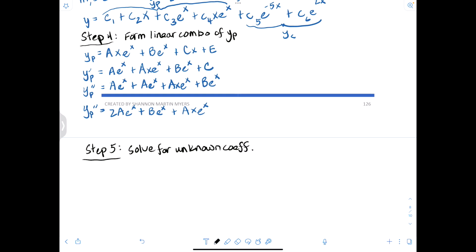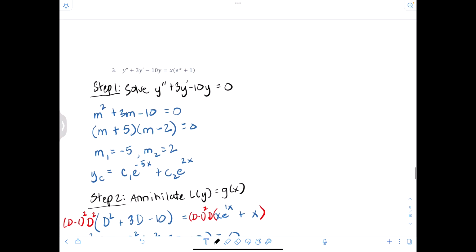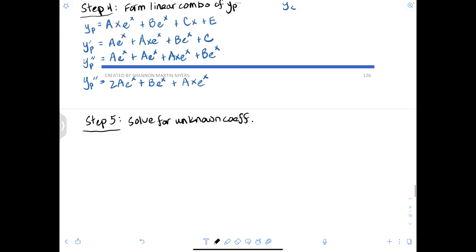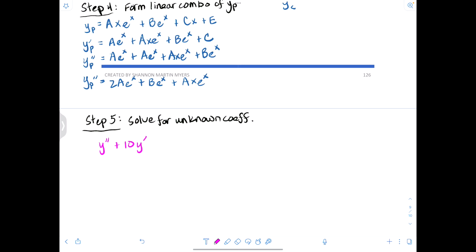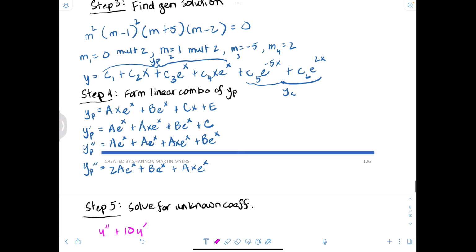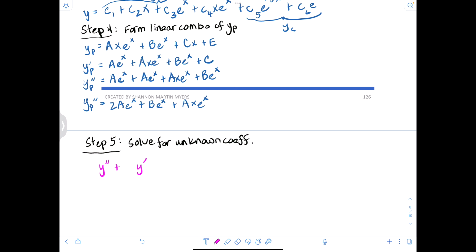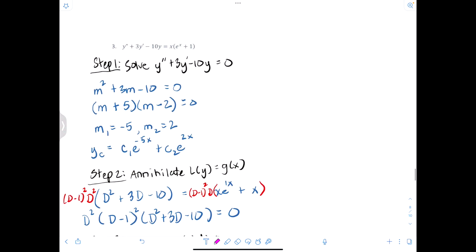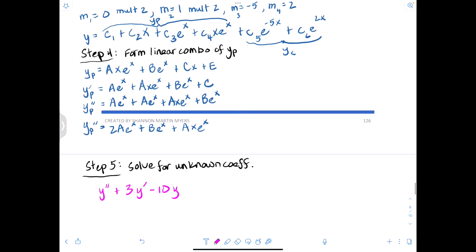So the original equation, remember, was y double prime plus 3y prime minus 10y equals, and we multiplied that out, x e to the x plus x.